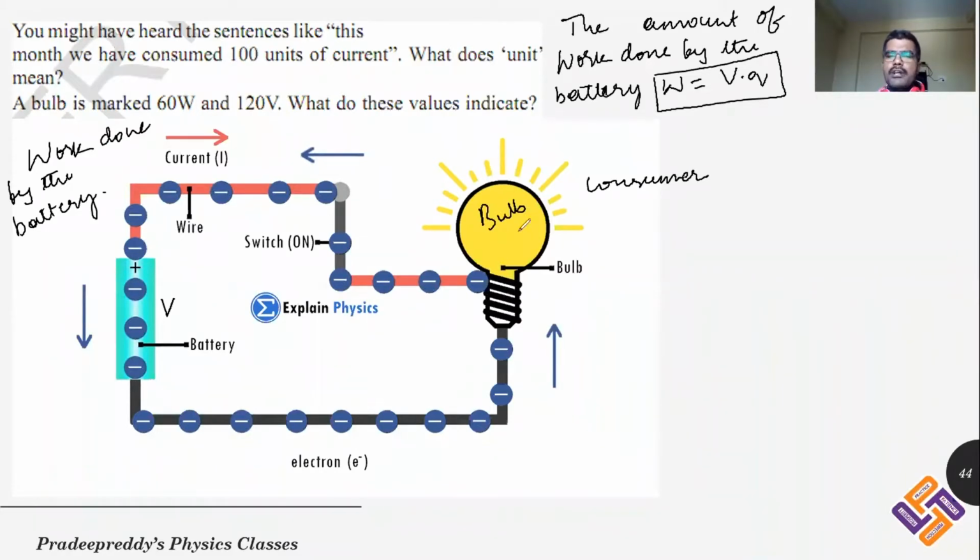Similarly, if instead of a bulb you connect a fan between the positive and negative terminals of the battery, electric charge will flow through the conducting wires along with the fan. When electric charge flows through this fan, it converts electrical energy into mechanical energy, so that the fan rotates.